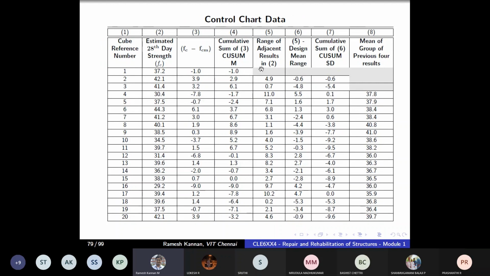And once that is done, then we talked about 5, which is this particular column, minus a design mean range, which is nothing but the 1.10 multiplied by 5, which is a standard deviation. So it's 5.5. So this minus 5.5 will be this, and this chart keeps going.